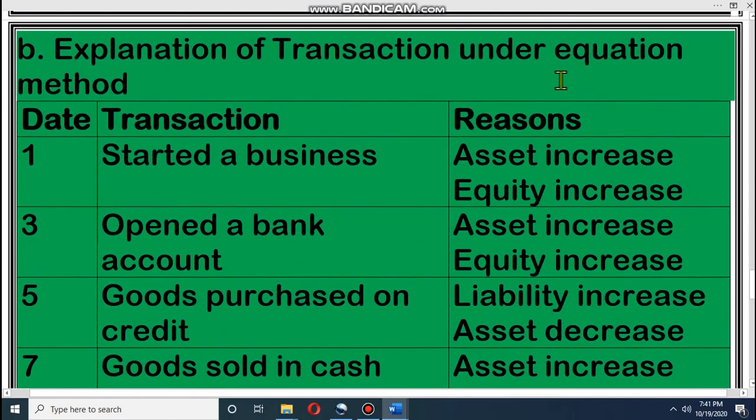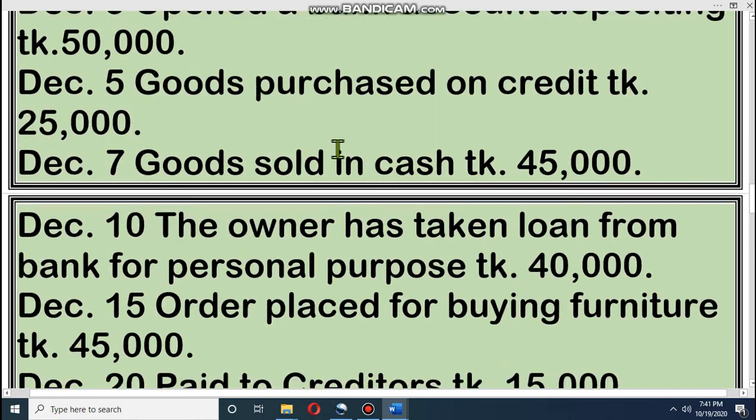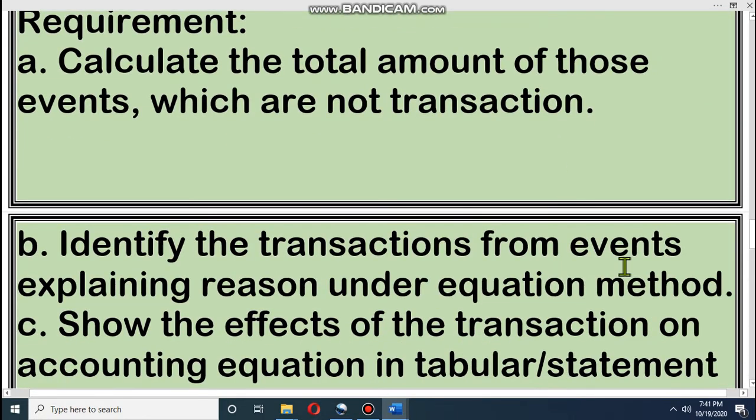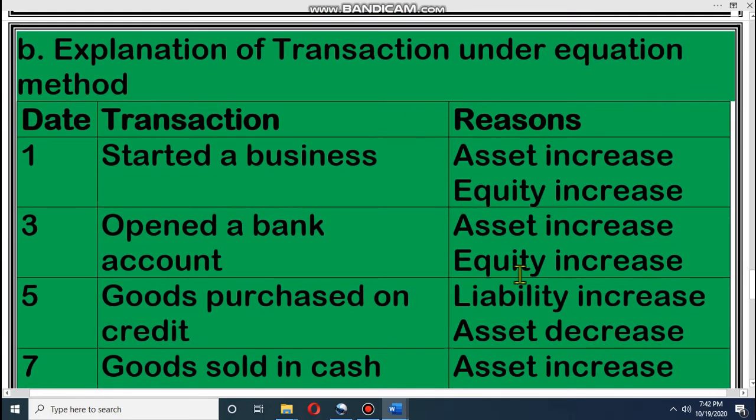So by opening an account in the bank, one asset increases and another asset decreases. One asset increases by opening the account, and another asset decreases.